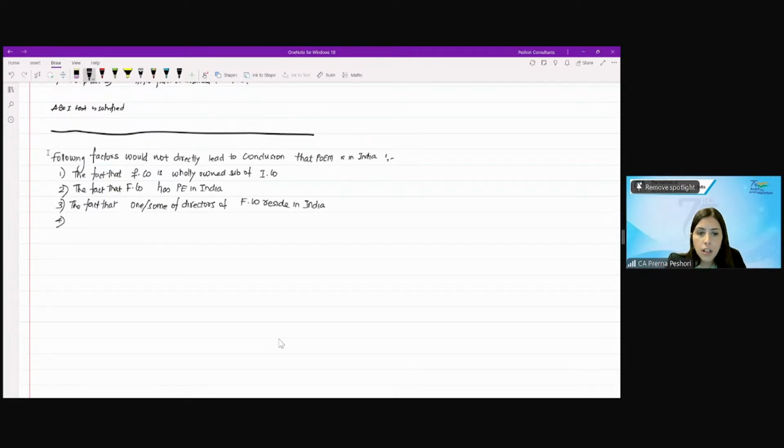Number 4, the fact of local management being situated in India. And the existence of support functions in India.